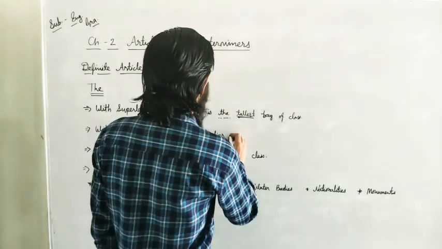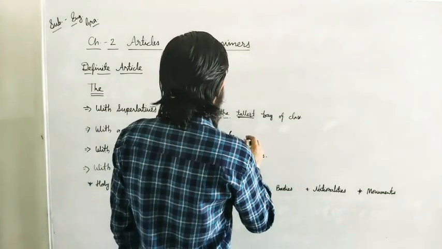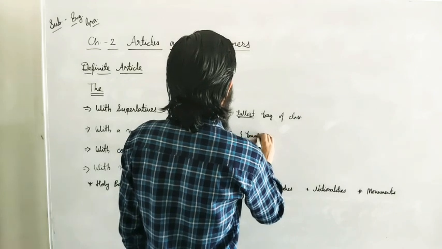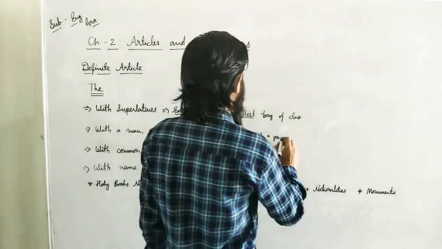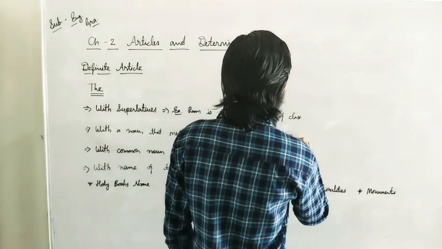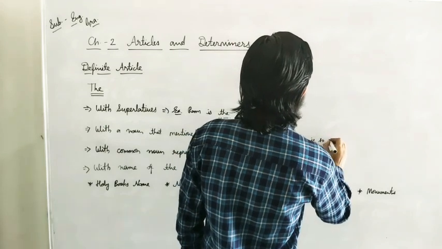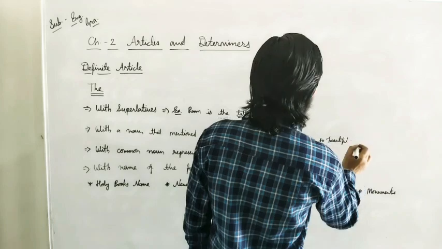If any noun was mentioned earlier, before that also you have to use 'the'. Like, I bought a pen. The pen is so beautiful.